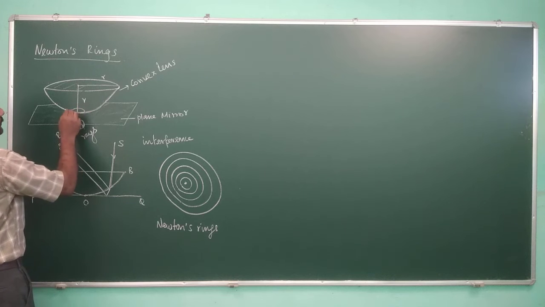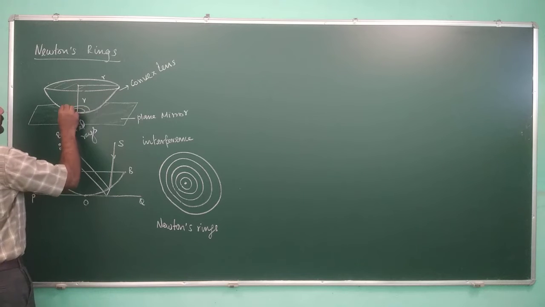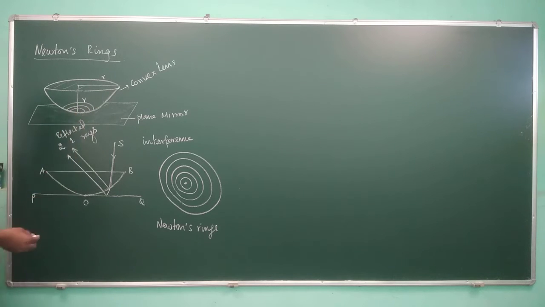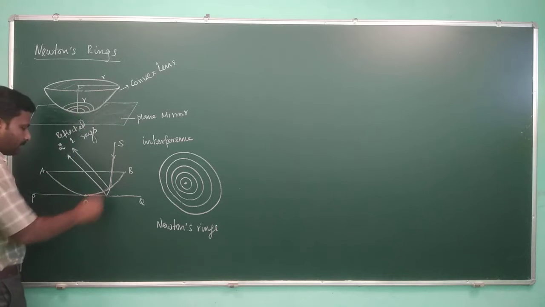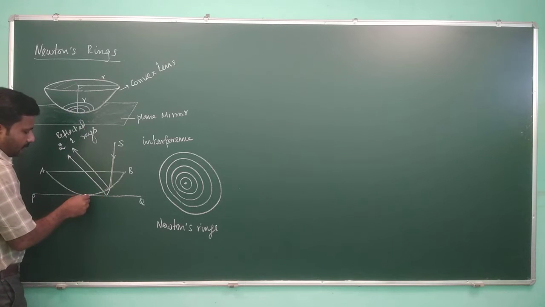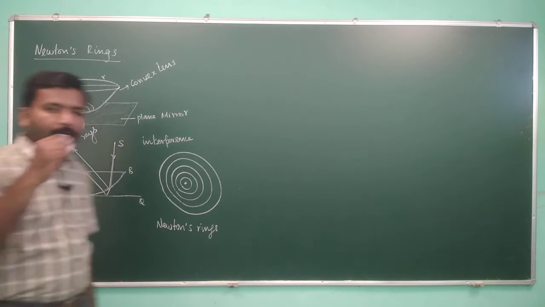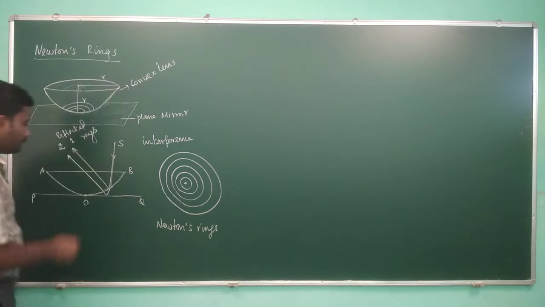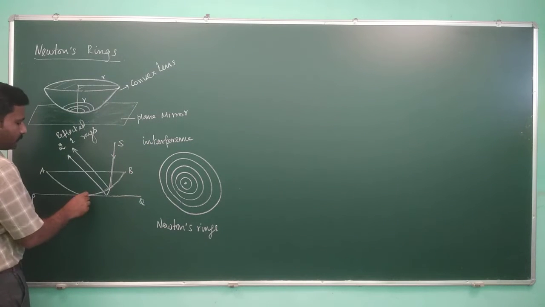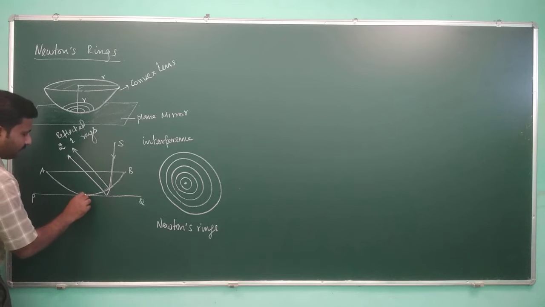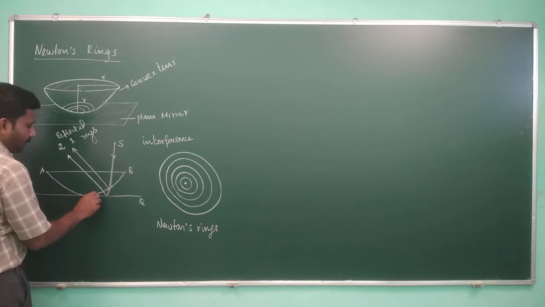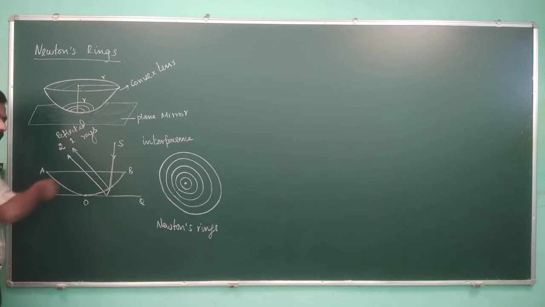So we have a situation like this, that the thickness of the air film is the same about the radius. If this is the center, for a particular radius we have a circle.